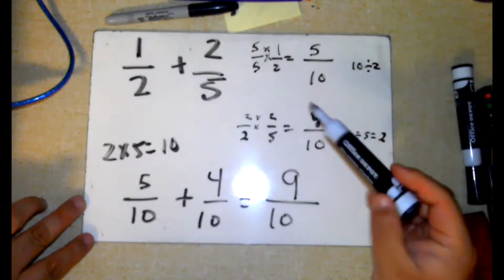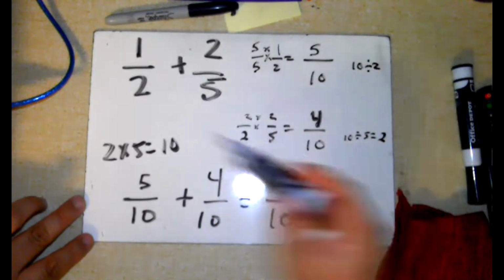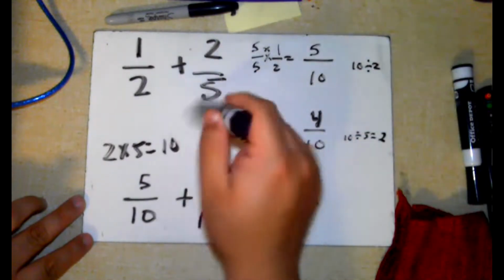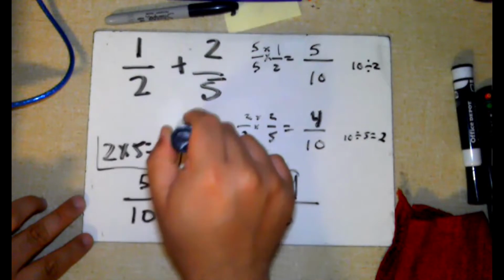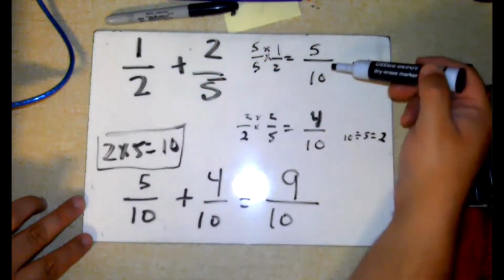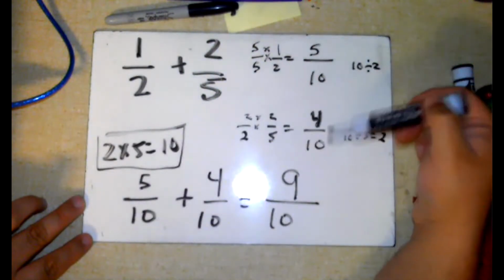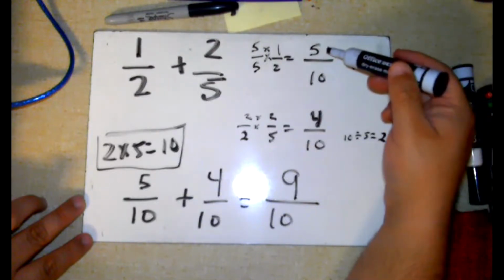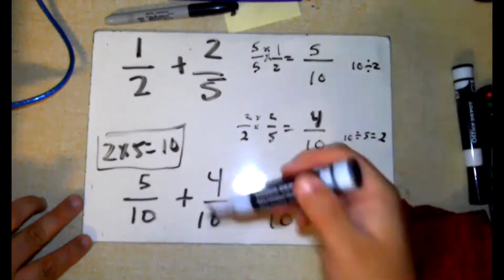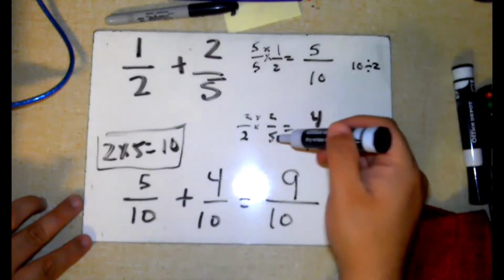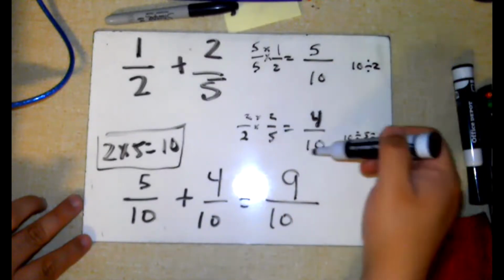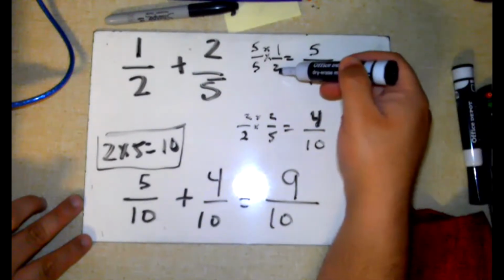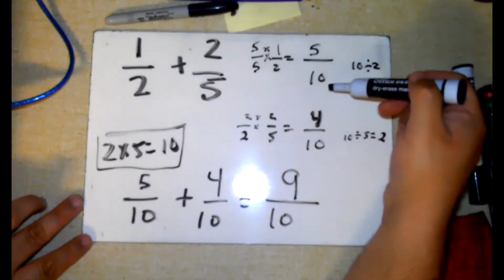So in this way, instead of writing all the factors out, we just multiplied. 2 times 5 is 10. And we know that each denominator must be 10. So we need to find the numerator by asking yourself, what factor do I multiply this denominator by to get to 10?